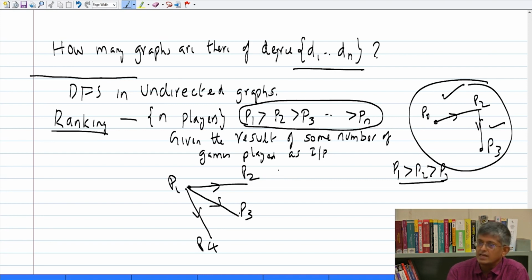You know that P1 is a king. You know that P1 is the best player. So now this question is about coming up with a ranking such that the ranking is consistent with the observed data. I don't want the exact answer with respect to this given information. Obviously you are not giving me enough information.